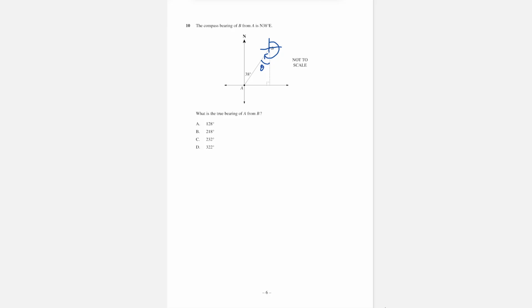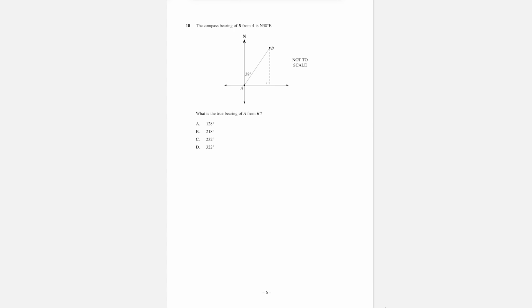Now, a quick way of doing it is saying, well, this line here is parallel with this line here. And therefore, these two angles, this one and this one, are alternate, so theta is 38.